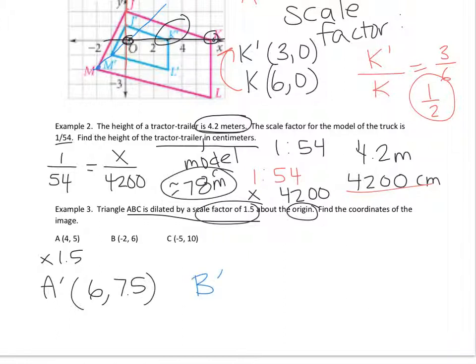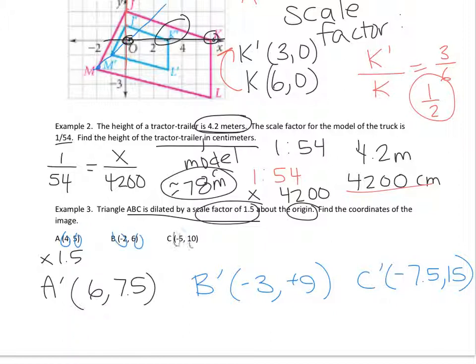B prime is going to be -3 and positive 9. And then C prime is going to be -7.5 and 15. Because I multiplied all of these by 1.5, because that was the scale factor.